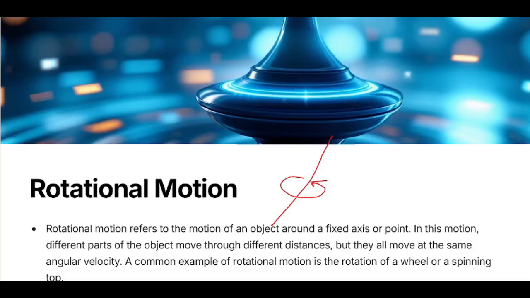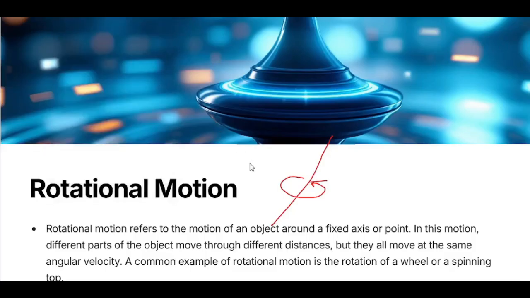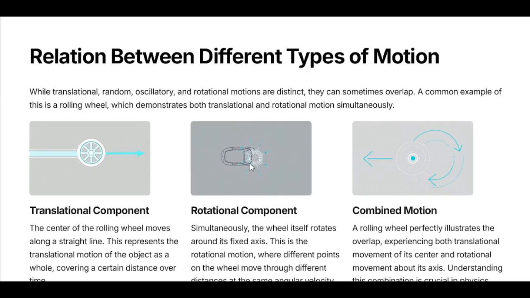So that kind of stuff is what is known as rotational motion. Now let's move on to the relationship between these different types of motion. For translational motion, the center of a rolling wheel moves along a straight line, and this represents the translational motion of objects as they cover different distances. These different types of motion have their differences.